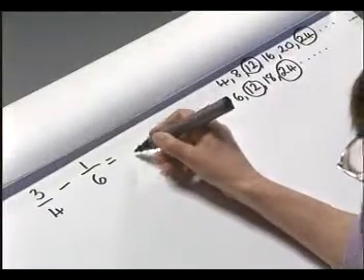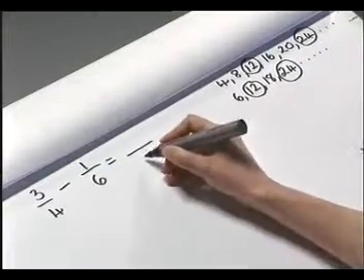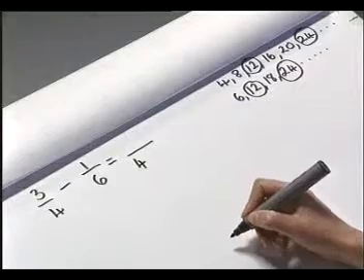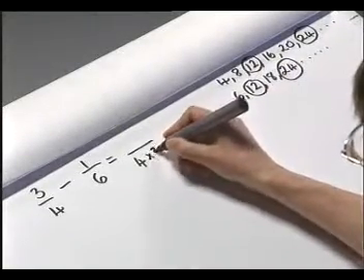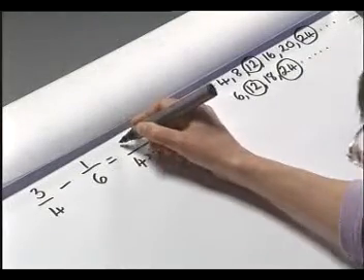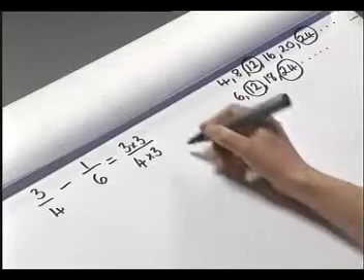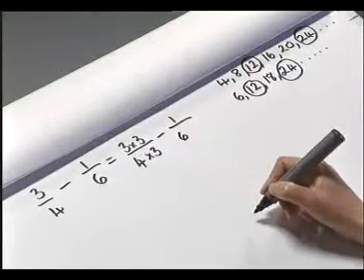So we want to turn the 3/4 into an equivalent fraction with 12 as the denominator. Well, what have we done to 4 to make it 12? We've multiplied by 3. So we must multiply the numerator by 3. What have we done to our 6 to make it 12?